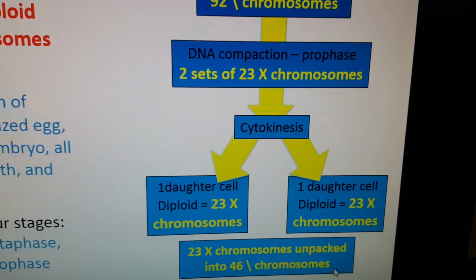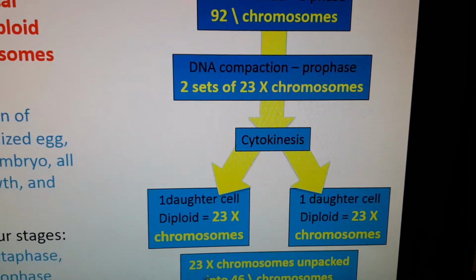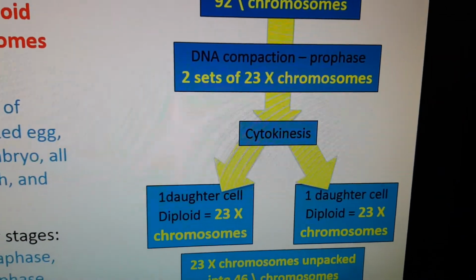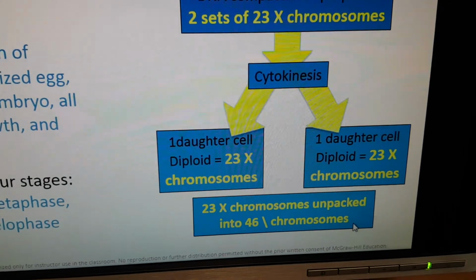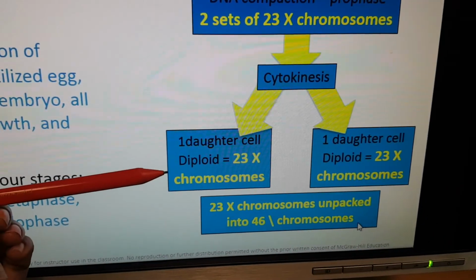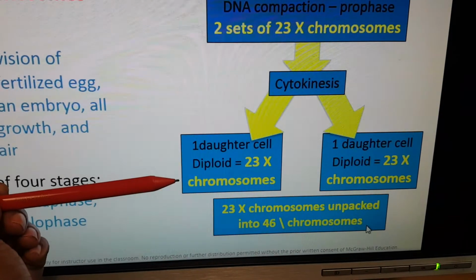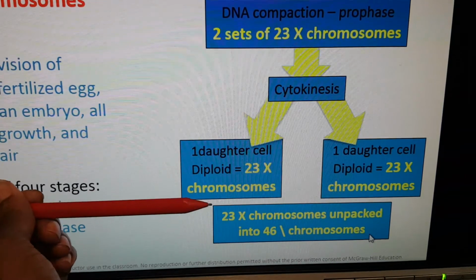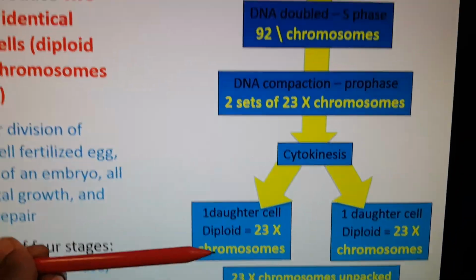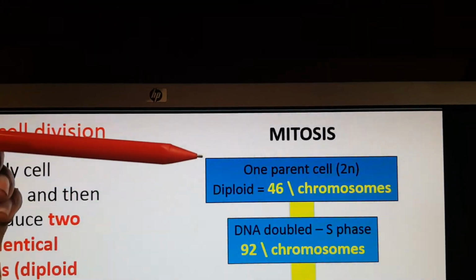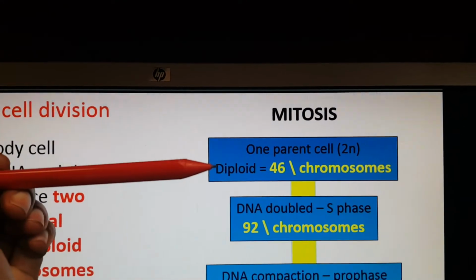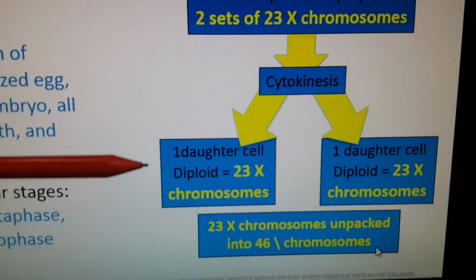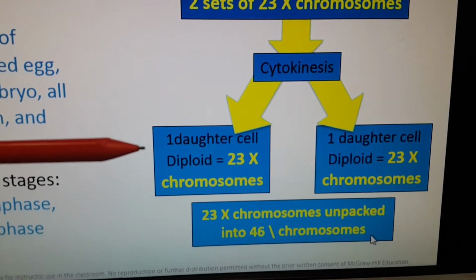So each daughter cell after cytokinesis is going to have one set of the 23 double-stranded chromosomes, and then after the final process of cytokinesis, those 23 chromosomes are then unpacked, so uncompacted like from earlier, into the 46 single-stranded chromosomes, just like the one parent cell. So we start off with a diploid cell in mitosis. We end up with two diploid cells at the end of mitosis.